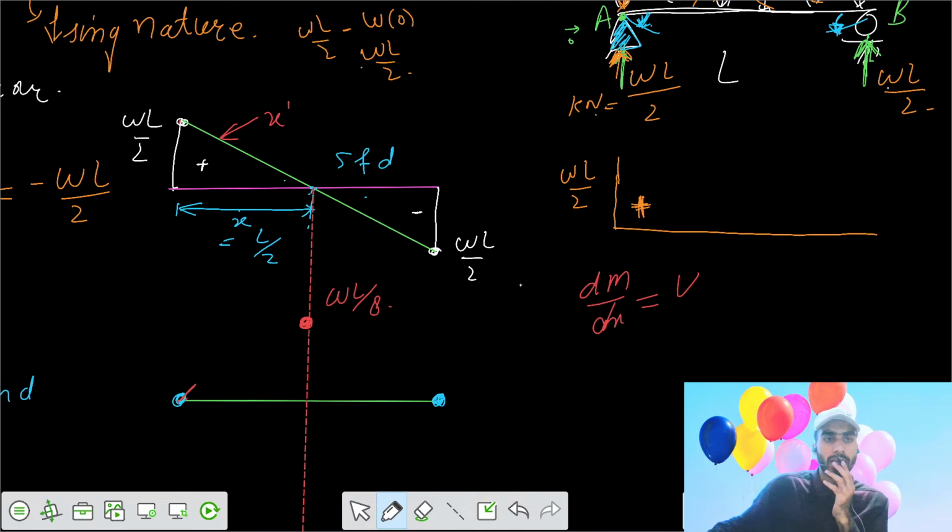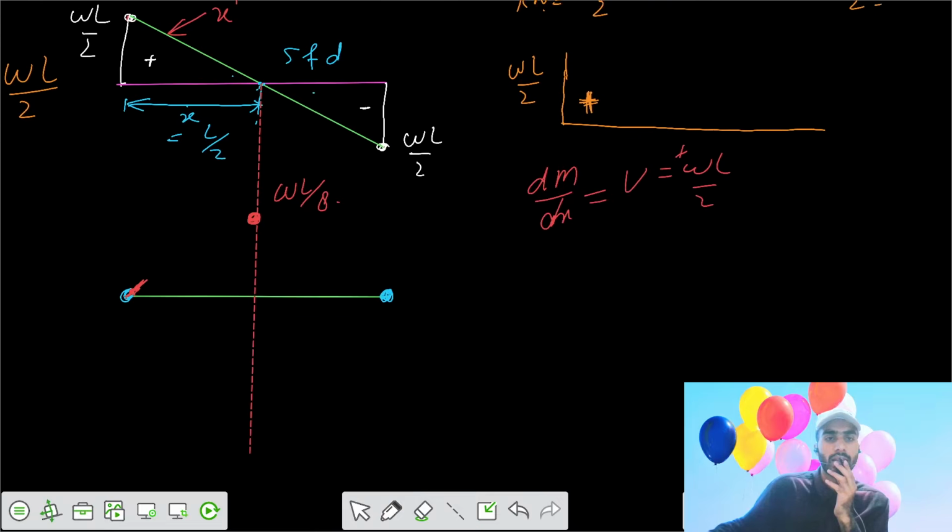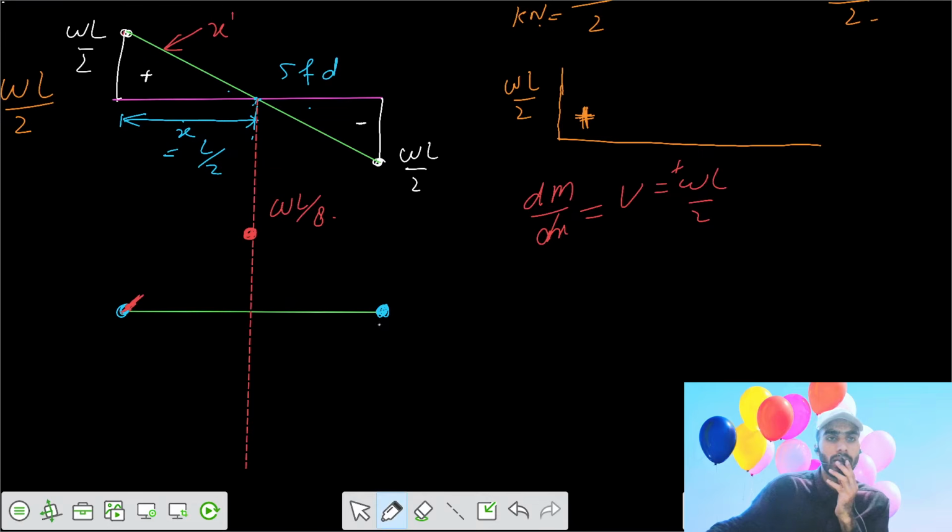We know that shear force at A equals WL by 2, positive value. That means your slope is positive, increasing. One statement you can write is that in this part of the shear force diagram, if the shear force diagram is positive and decreasing, see, the shear force is positive, but it's getting decreased.